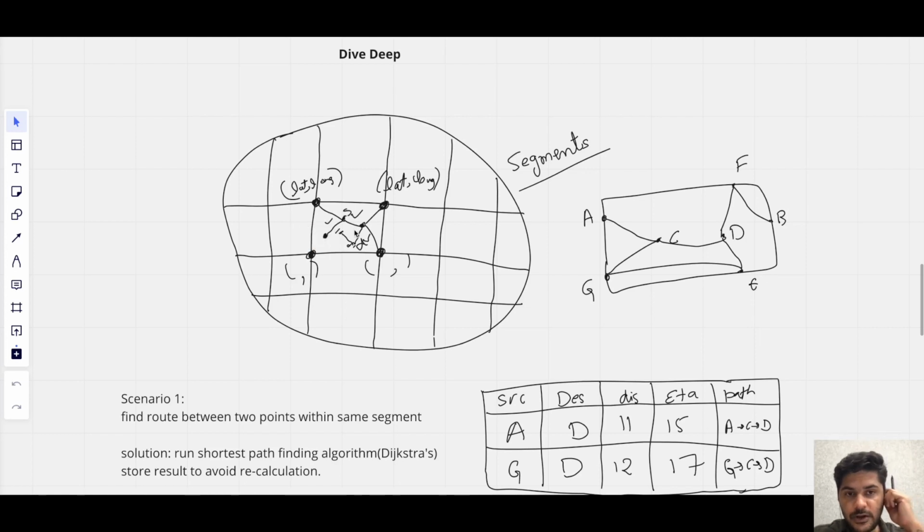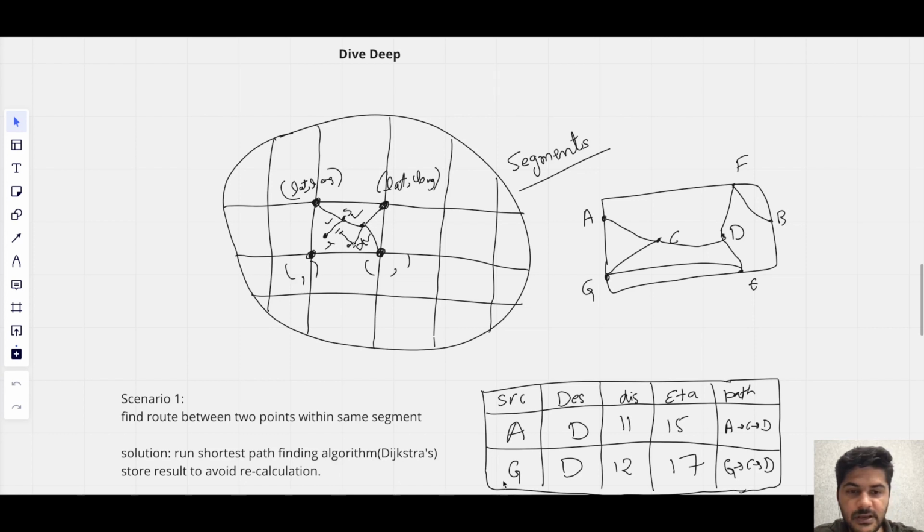Okay, what you can do is directly run a Dijkstra algorithm to find the shortest distance, because now you are talking about a maximum of 10 to 12 vertices and edges, right? Even this Dijkstra algorithm we will not run when the user is asking for a route between S and D. What we will do is offline, upfront, when we are going live with the Google service, beforehand we will calculate it and store it in a DB like this.